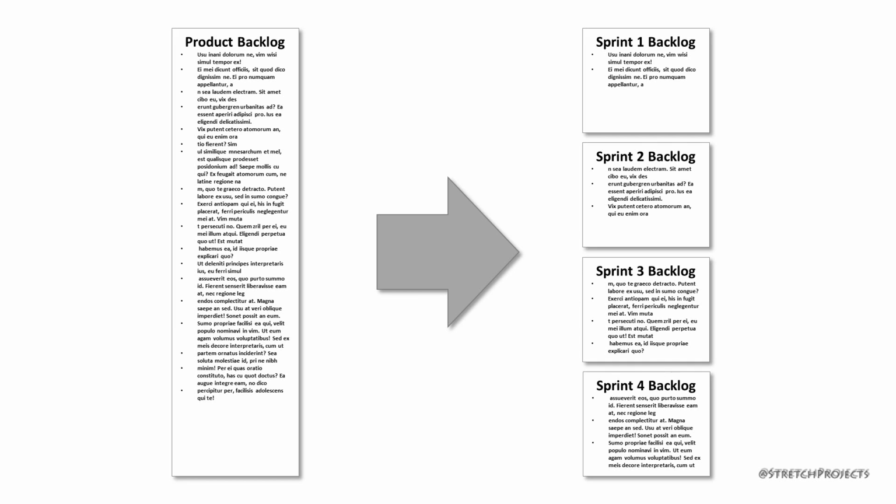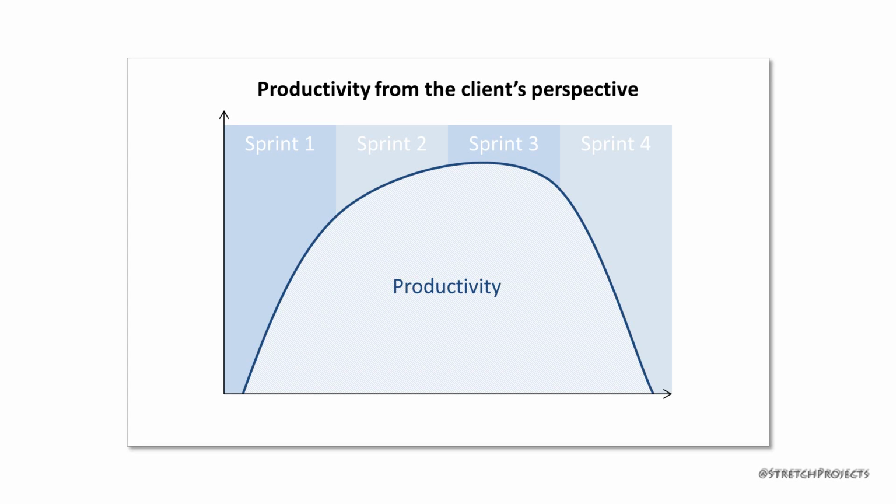So if the business came back 2 weeks later and thought that the entire project would be done, the developers would have had the opportunity to actually explain that no, only a certain part of the project will be delivered at that point. It's also important to note at this point that during the very early sprints, progress as far as the users will be concerned, or from the business's perspective, will be very slow.